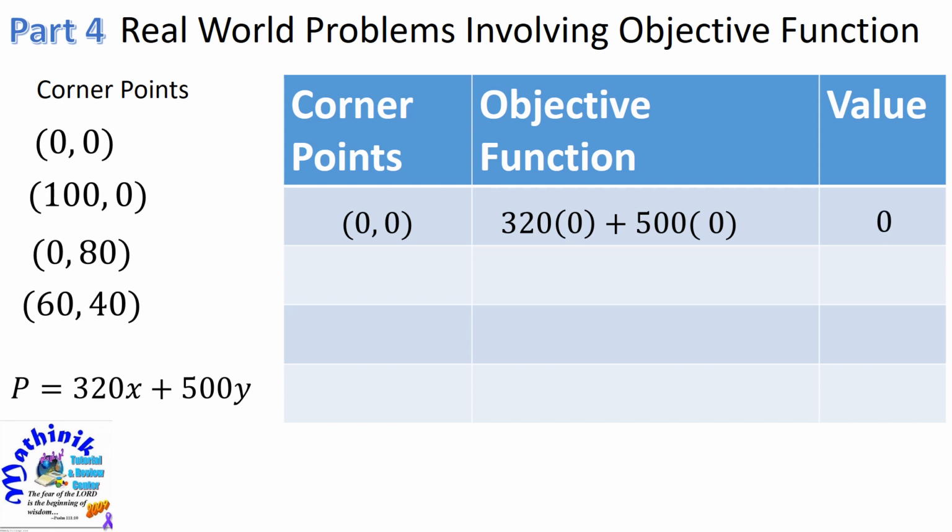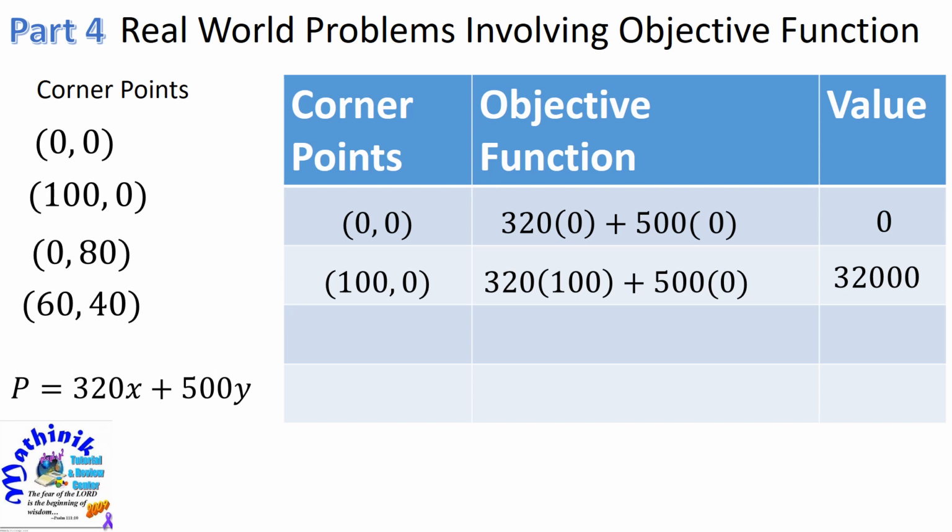So the value for our objective function will be 0. Next corner point is (100, 0). So in our objective function, that will be 320 times 100 plus 500 times 0, and that will be 32,000. That's 320 times 100. And 500 times 0 is 0.